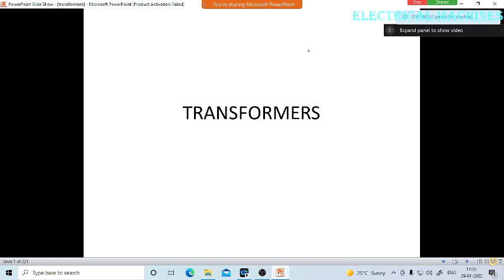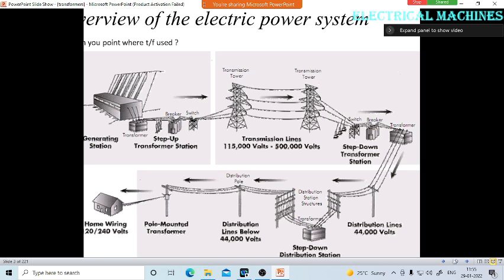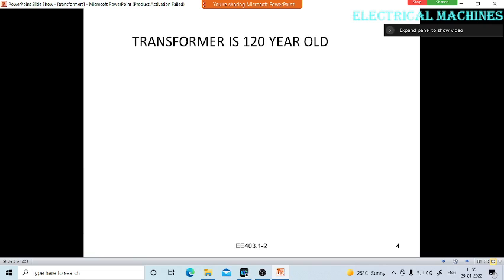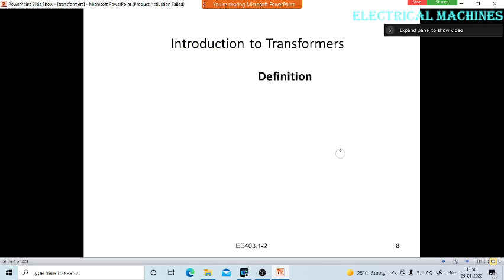So in the previous session we discussed transformers, right? Transformer types, classifications, the importance of the transformer, and where we are using the transformer. Now we are going to discuss transformer types, classification, parts of the machine and how transformers work, the principle of the transformer.